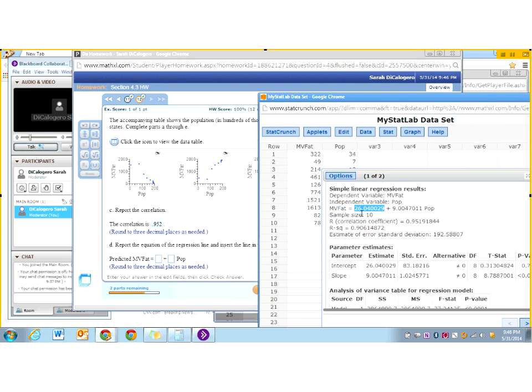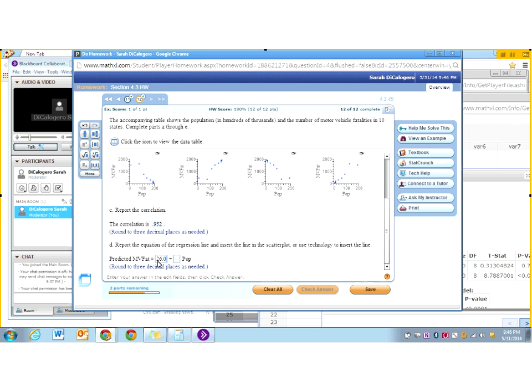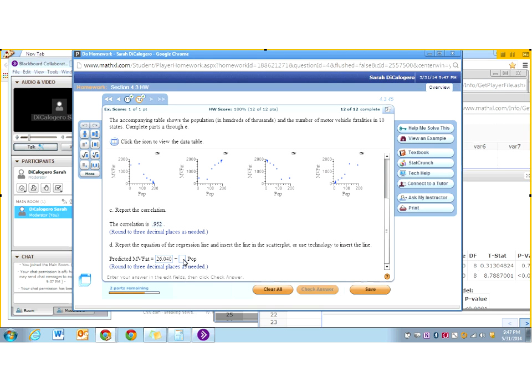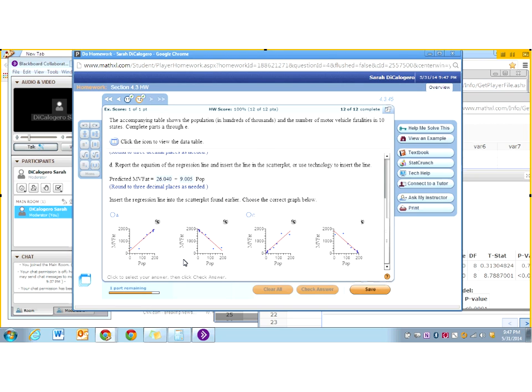Our intercept is 26.04, and it looks like our slope is 9.005 times the population. I think that was right, 0.040. And we're going to go with 9.005 here, 3 decimal places. Yep, we're good. So what does the regression line look like?